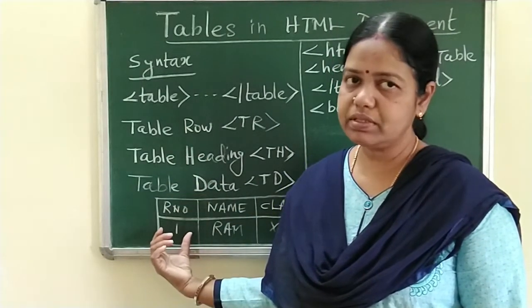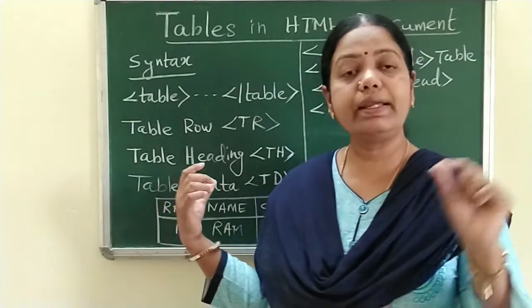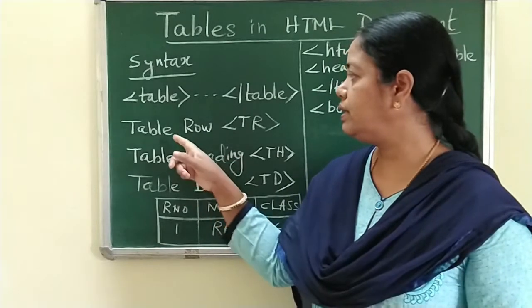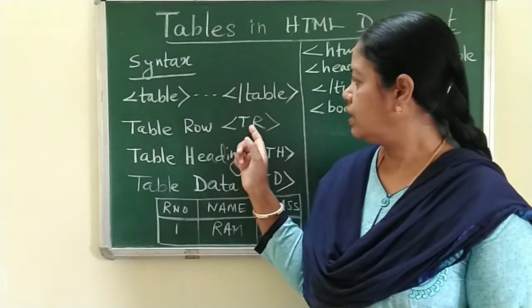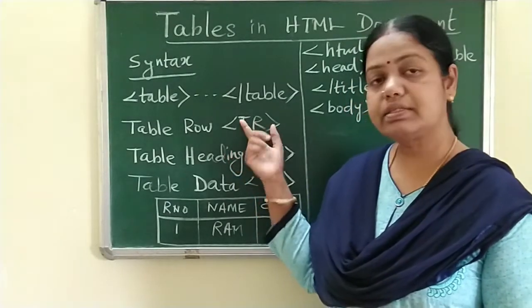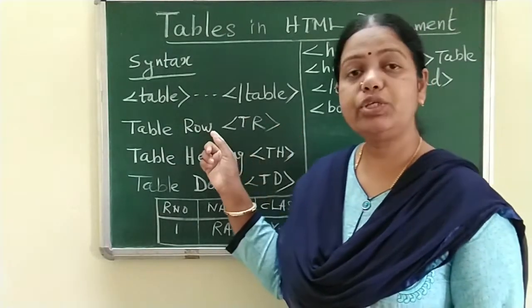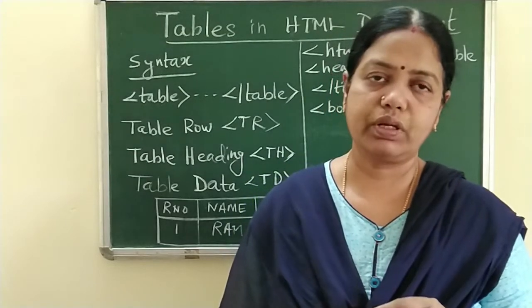So, a table contains rows and columns. For creating rows, we have to define TR, table row. Table row is also an element. It is starting TR and close TR. It is used to define the table row.